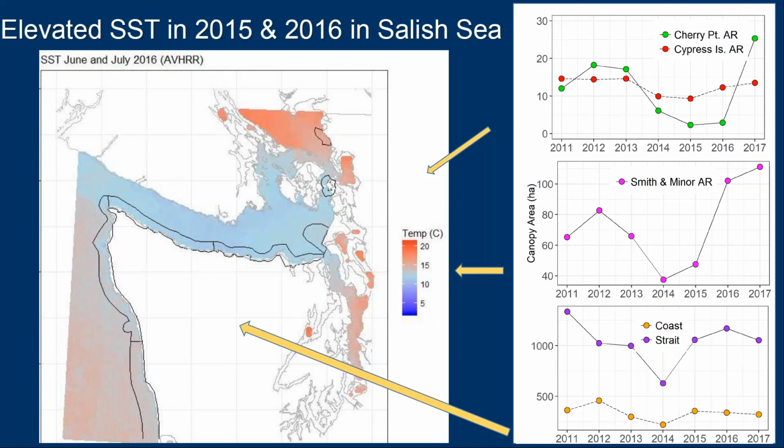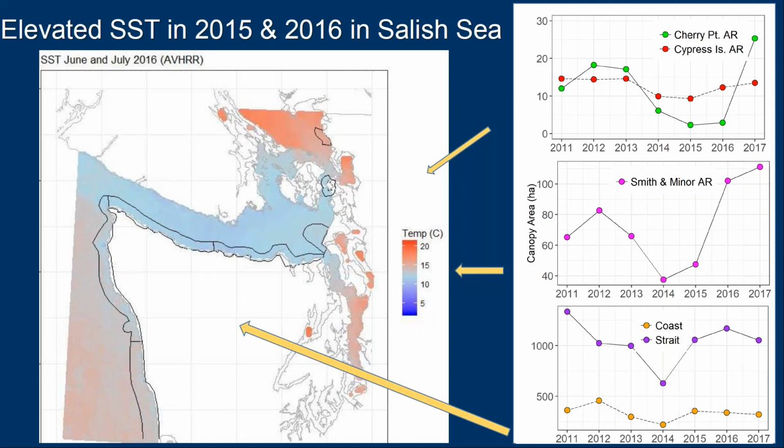And if you go up to Cherry Point in the Georgia Basin, you can see that the temps were above 15 degrees. They continued to be above 15 degrees in 2016. Temperatures are just returning to normal now in Puget Sound. And all of this may remind you of the talk you heard by Braden Schiltroff at the last workshop. He's looking specifically at temperature impacts north of the border on the Georgia Basin side.